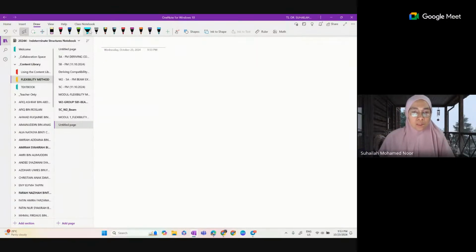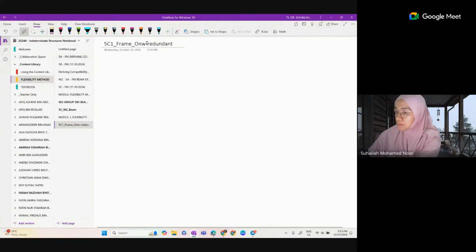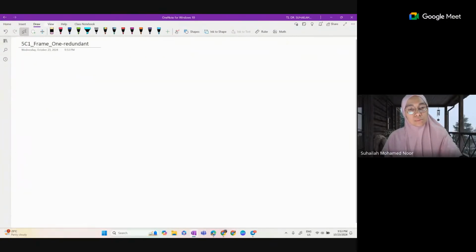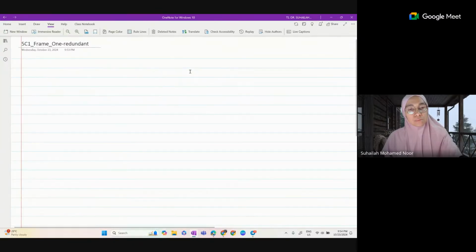Okay, now we will try another example, another frame example, a frame with one redundant.